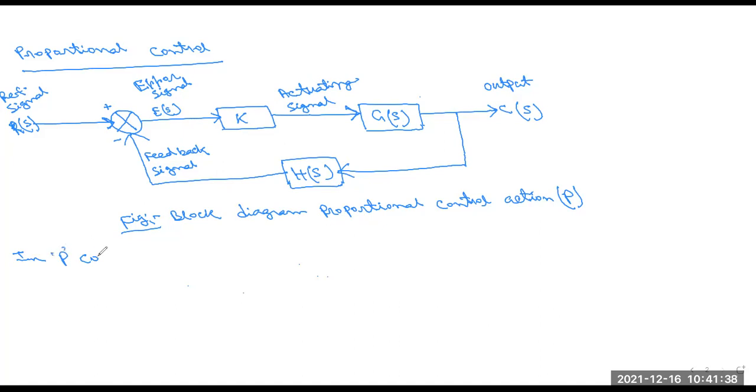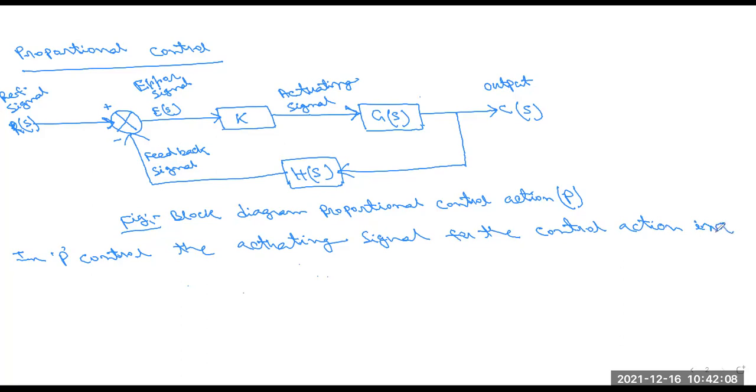So in P control, the actuating signal for the control action in a control system is proportional to the error signal.